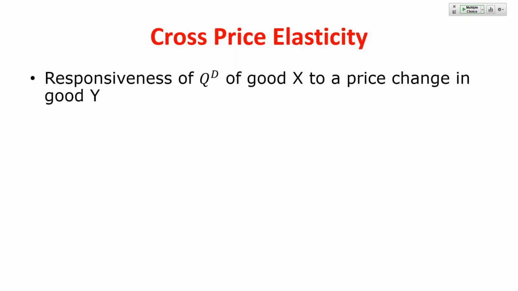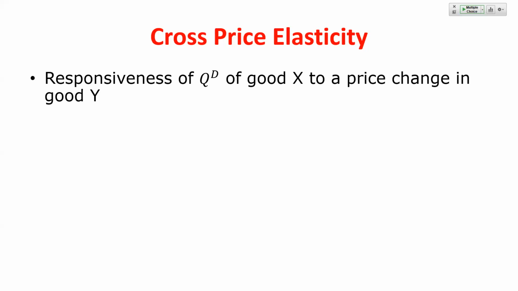So we can do similar things, right? If I want to do a cross price elasticity, maybe I'm thinking about how responsive is the quantity demanded for good X when I see changes in the price of either substitute or complementary goods. We know that if the price of a substitute good goes up, what happens to the demand curve for the other substitute?